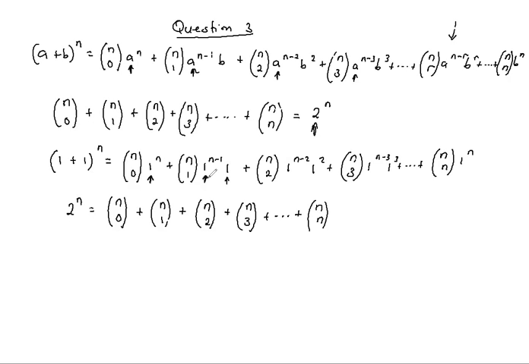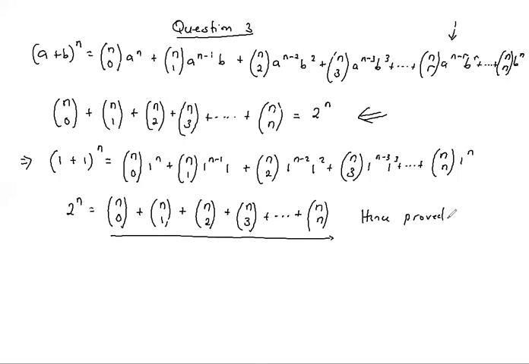And 1 multiplied by any coefficient, we are still getting that coefficient. That means that on the right-hand side of this line, we'll just remain with these. And on the left, we'll add 1 plus 1 to get 2, which is what we have as our question. Hence, proved. As required.